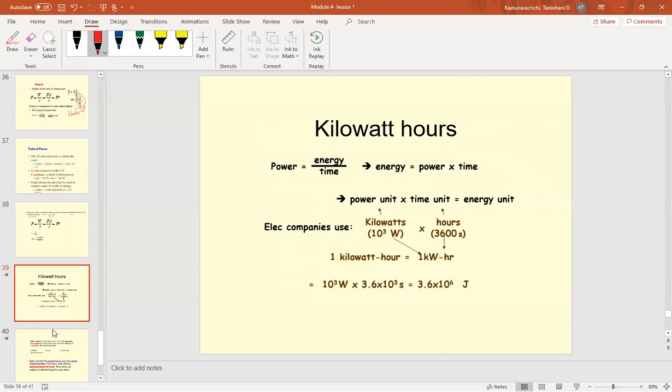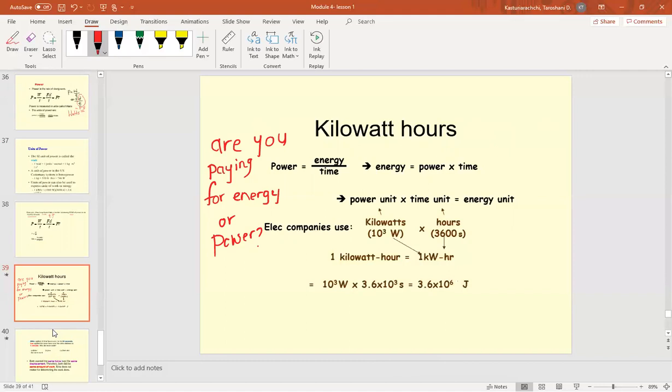Are you paying for power or energy? What do you think? Are you paying your electricity bill for energy or power?